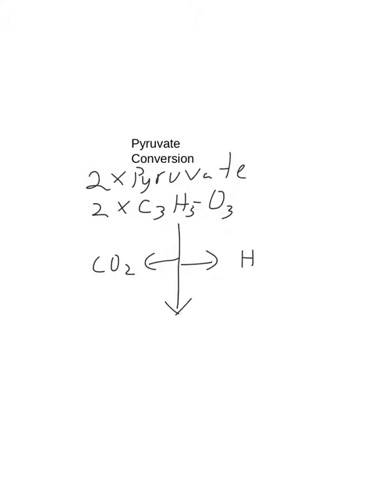We're going to need that hydrogen later, so it's going to get picked up by NAD, and we're going to end up with NADH. And if we subtract a carbon from our original pyruvate, we end up, well, 1 carbon from 3 is 2.